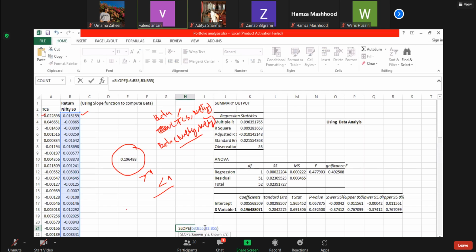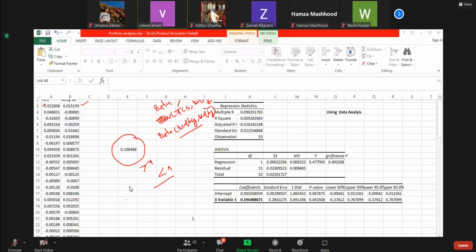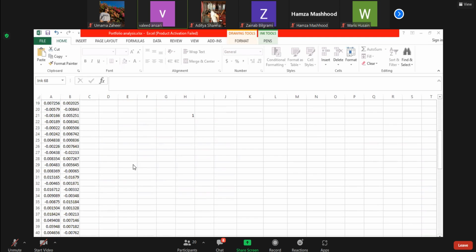Now hit enter. It is 1. I was showing the earlier one, but now we are taking Nifty with Nifty. So by default, the beta of Nifty will be 1. That is why it is showing here.